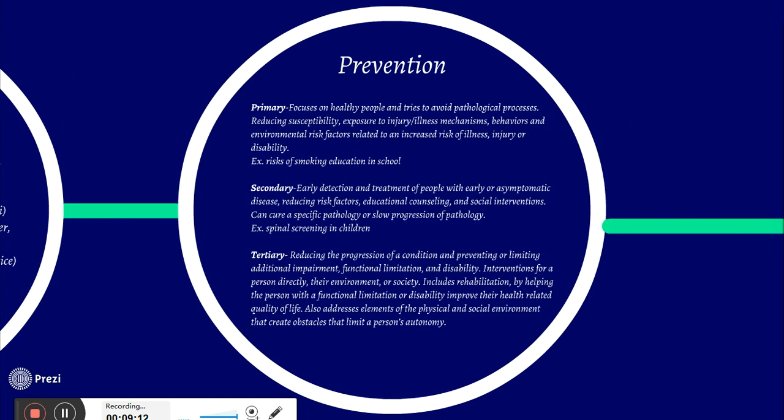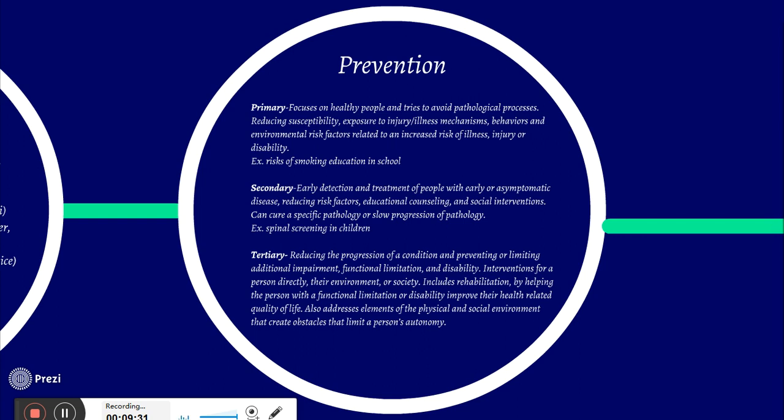So most prevention strategies look at three different categories: primary, secondary, and tertiary. Primary prevention strategies focus on healthy people and try to help those healthy people avoid pathological processes.